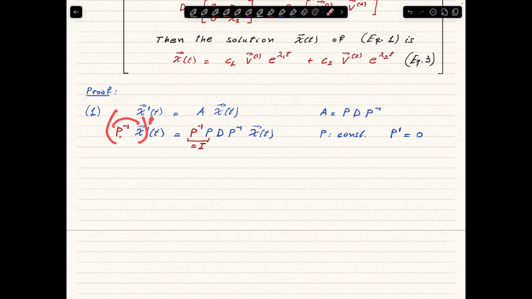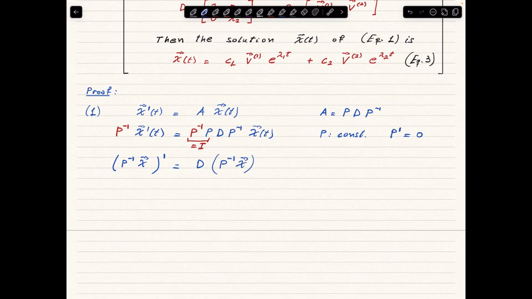So let's write here P inverse acting on the vector x, all differentiated, that is what we have on the left side, and on the right side we have D acting on a vector, and the vector is P inverse x.